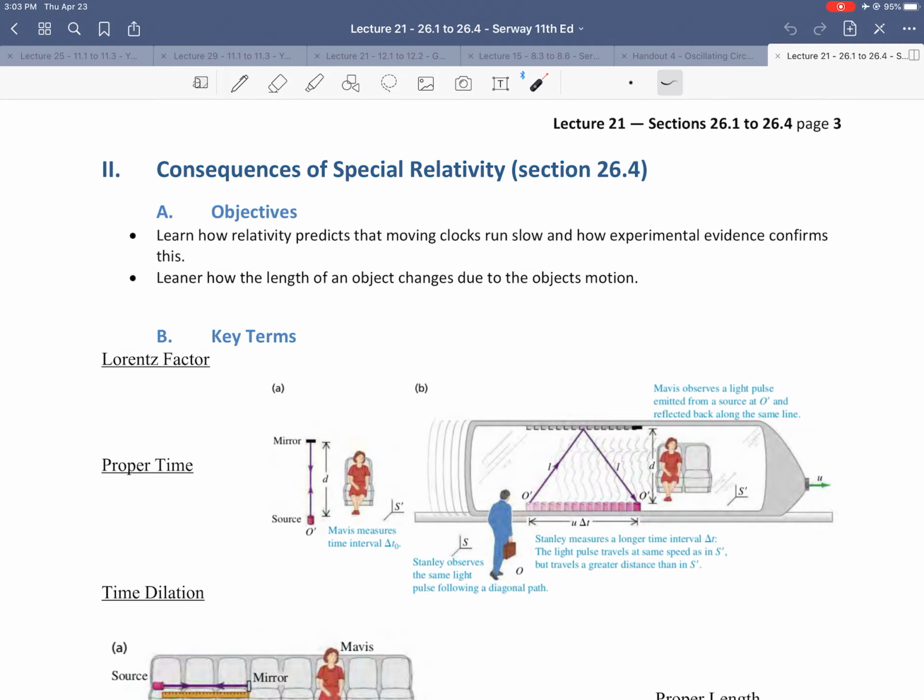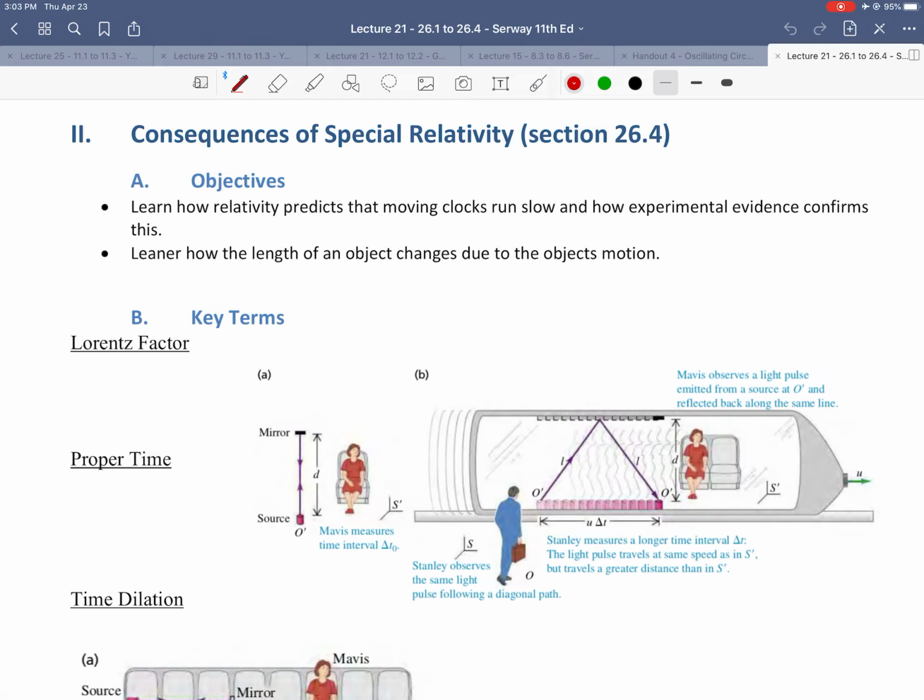And we also want to learn how the length of an object changes due to the object's motion. Okay, so those two objectives encapsulate the idea that time and space, length, size, are relative. They all depend on how fast you're going. These effects are not noticeable unless you're going an appreciable fraction of the speed of light.